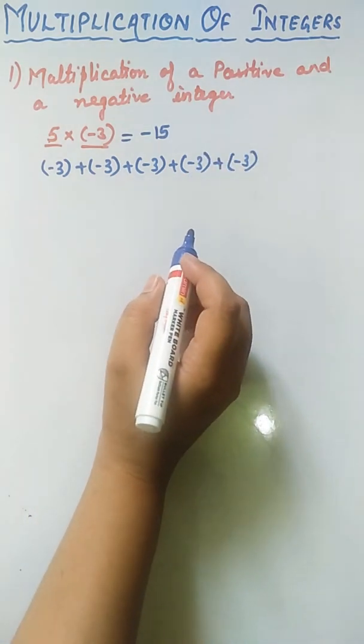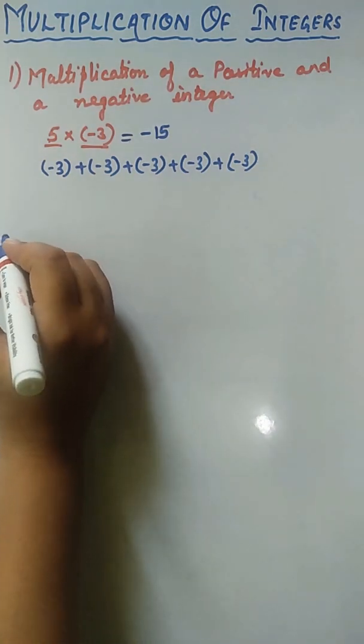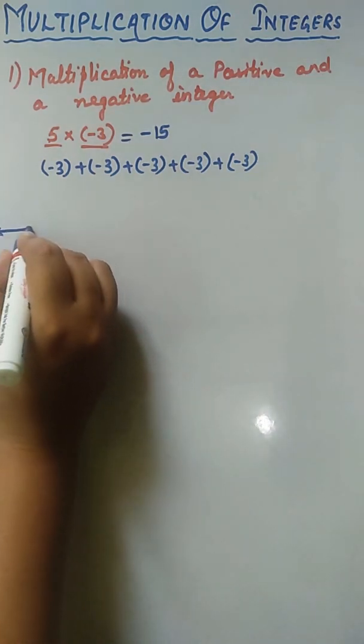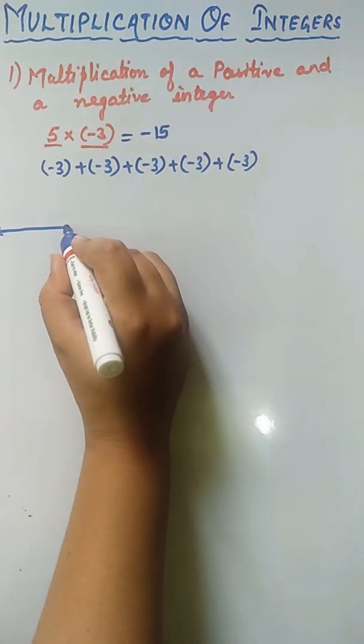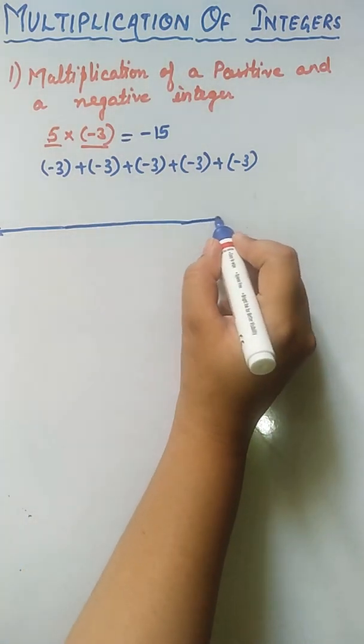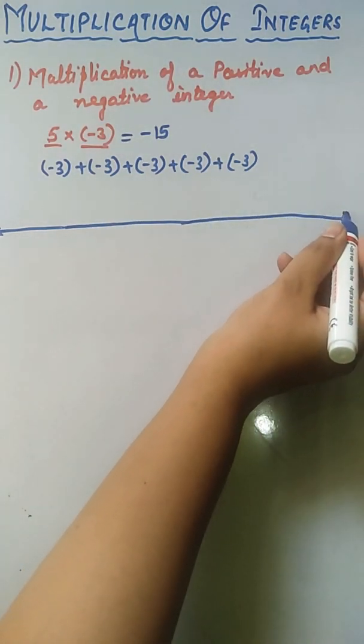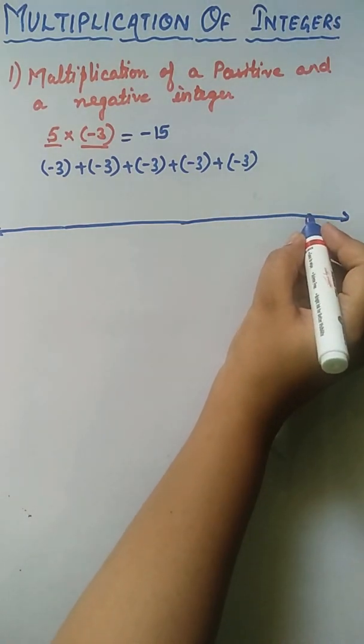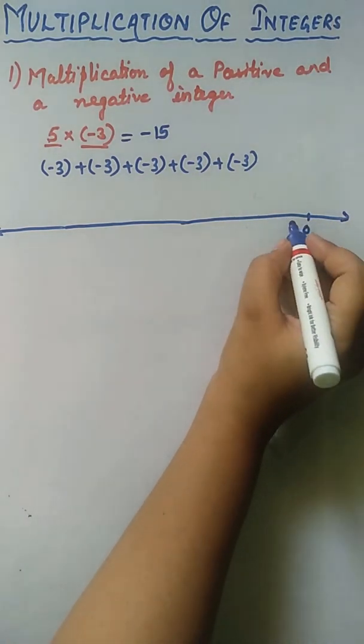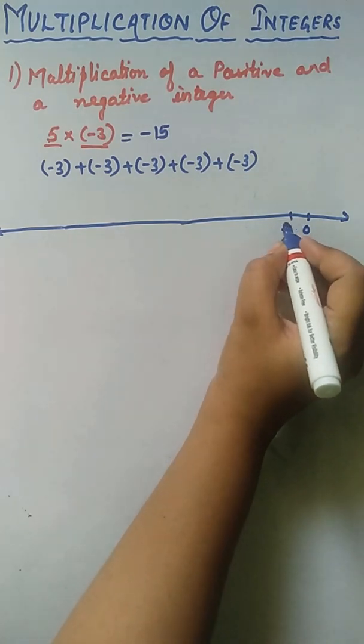If we draw it on the number line, I am going to draw the negative side of the number line. So if this is your 0, negative side only I am drawing.